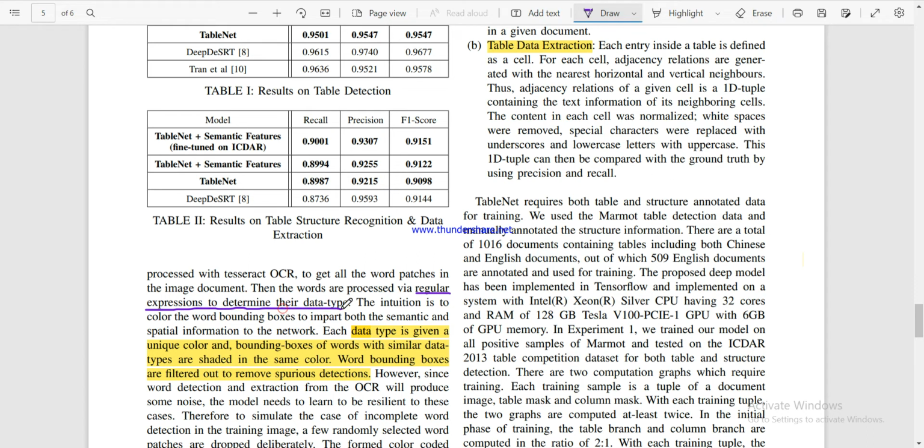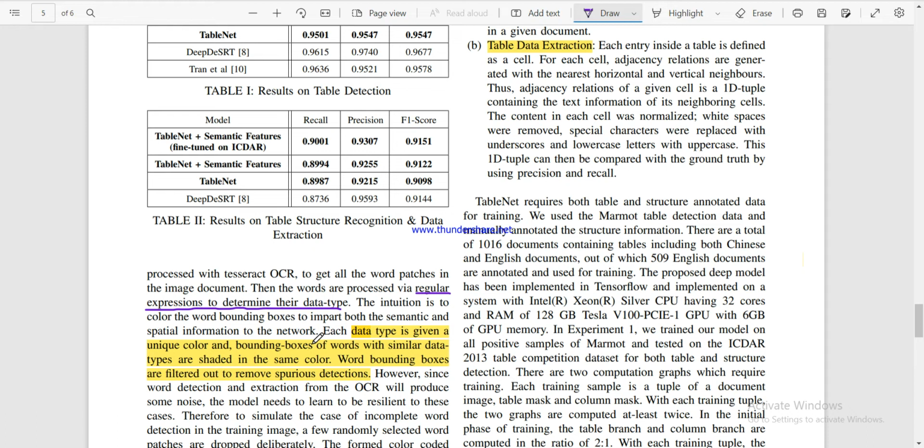The intuition is to color the word bounding boxes to impart both semantic and spatial information to the network. Each data type is given a unique color, and bounding boxes of words with similar data types are shaded in the same color.